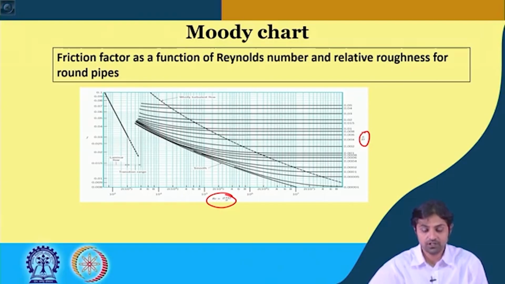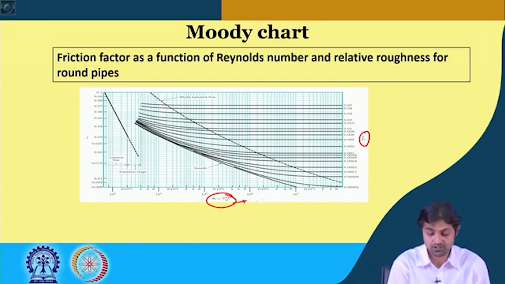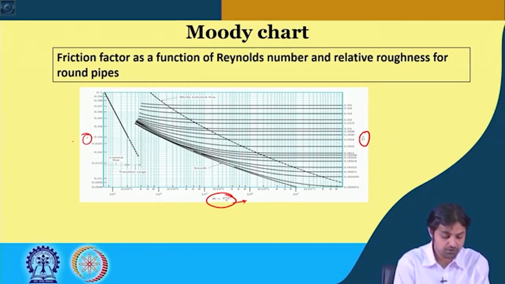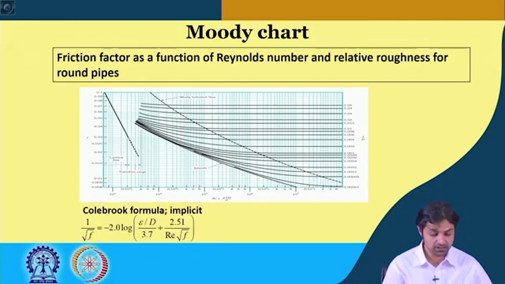This is the oldest method of finding the Darcy friction factor. For this course, if you are given the Moody chart, you should be able to find the corresponding Reynolds number and the corresponding epsilon by d line here, and then find the respective friction factor f. But for your convenience, I am going to provide you two formulas.